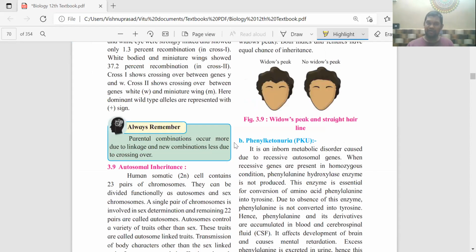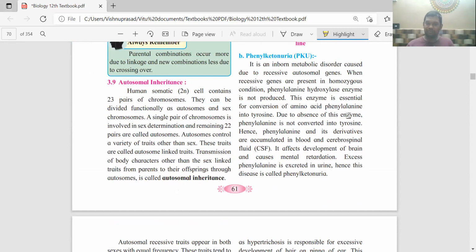Any doubt in linkage and crossing over? Now we go to the next part, that is something called autosomal inheritance. I already told you what autosomes are. They are simply called chromosomes or the body chromosomes, all those chromosomes apart from the allosomes or the sex chromosomes.